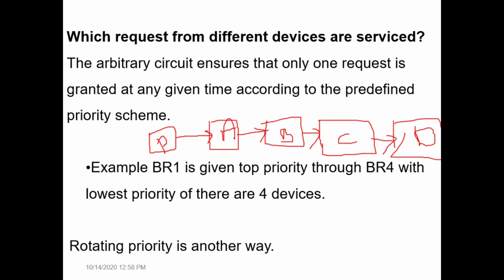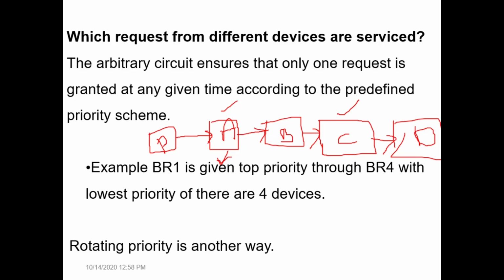Now, initially if A and B are in the competition to become bus master, definitely A will win the arbitration process, because A has the bus grant signal and blocks it. Now, one more arbitration process between A and C. If A and C compete for bus mastership, again the bus grant signal reaches A first, and A blocks the signal to become bus master.